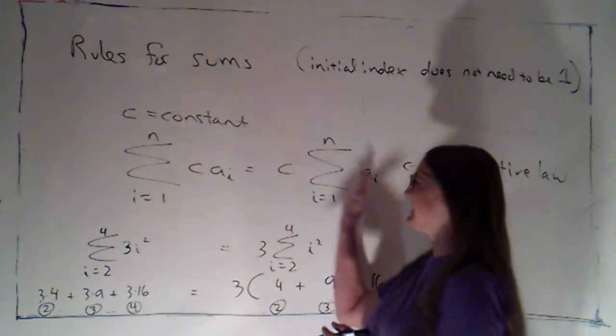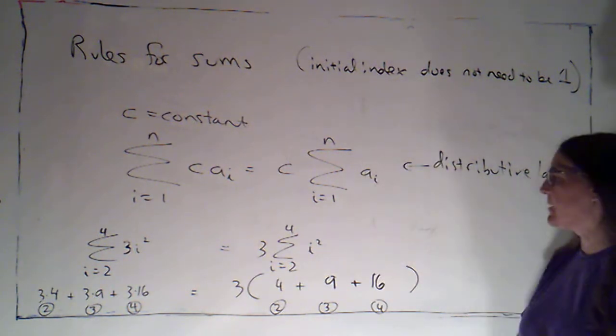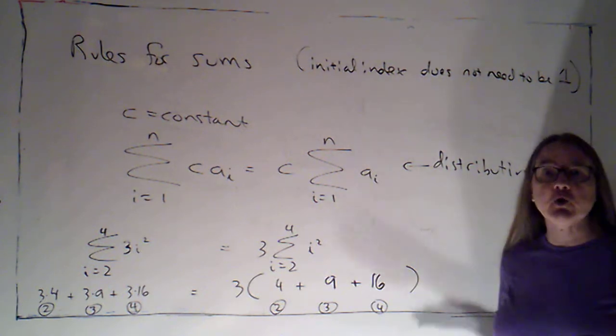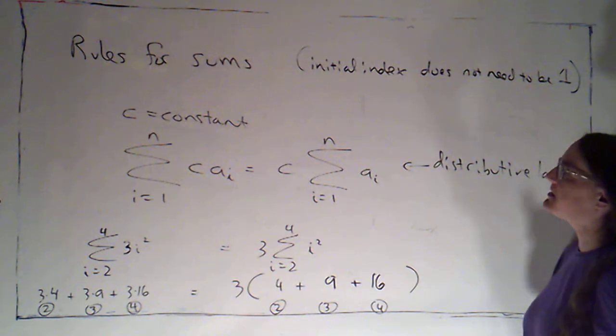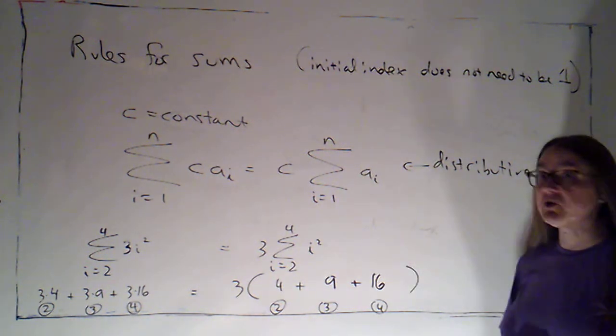It'll start inside the sum and we'll factor it out to have a simpler formula for the things that we're adding up. But that's a rule that you already knew. It just looks a little bit different when I write it using the summation notation. So that's our constant multiple rule.